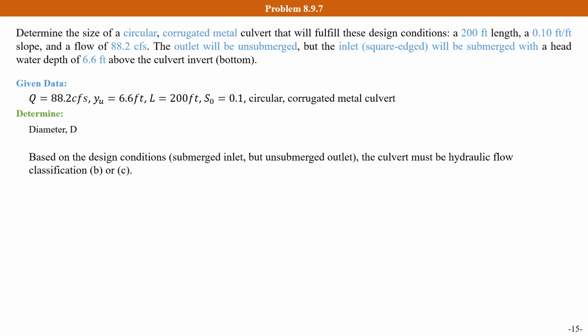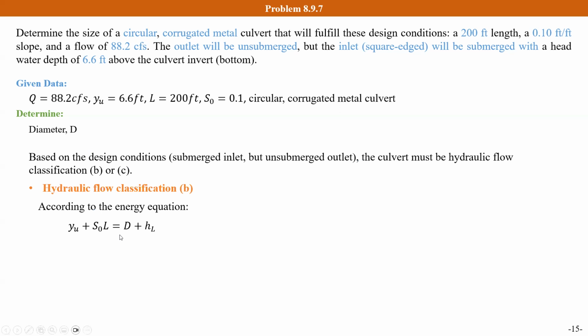Based on the design conditions, the culvert satisfies two categories, category B and category C. Let's assume that the culvert is in category B first. So based on the energy equation, the headwater elevation equals the tailwater elevation plus the head loss.